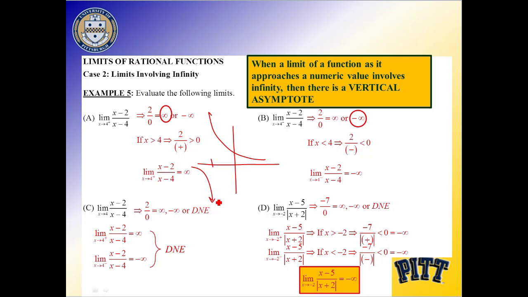Whereas when I look at part D, if I approach negative 2, both from the left and right, it's going to do something along the lines of this. Each one still indicates I have a vertical asymptote going on there. I have basically something that the graph's going to avoid. It's just the direction in which they avoid them. So that's why, again, in calculus they often refer to a vertical asymptote as an infinite discontinuity.